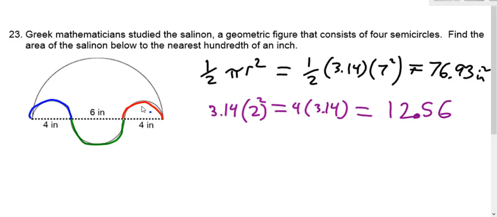Now, looking at that figure, the blue and the red circle, they're both cut out of our original. So we're going to subtract those when we're figuring out our final answer here. We'll do the black semicircle minus the blue and the red semicircle. And we have to add the green semicircle. So that's again a semicircle, so it's 1/2 times pi times the radius, which is going to be 3 squared.